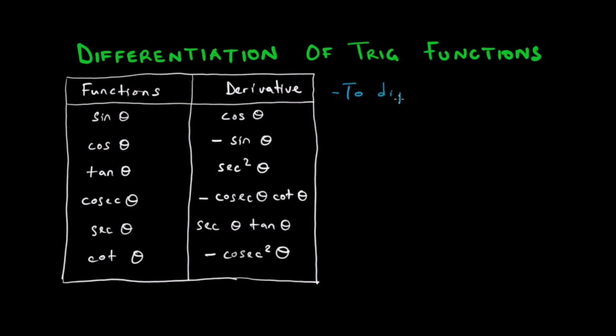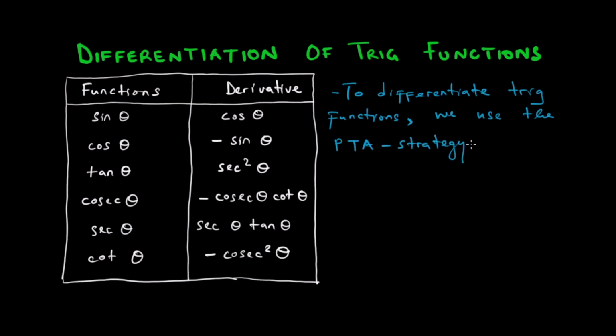To differentiate trig functions, we use what is called the PTA strategy. That is what we use. So if we want to differentiate trig functions, we are going to use what is called the PTA strategy.